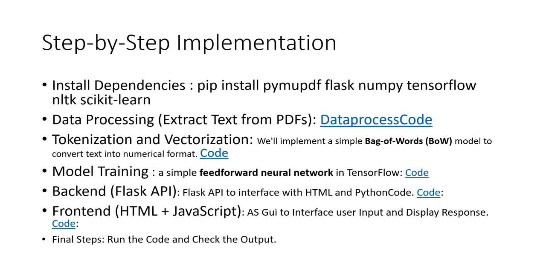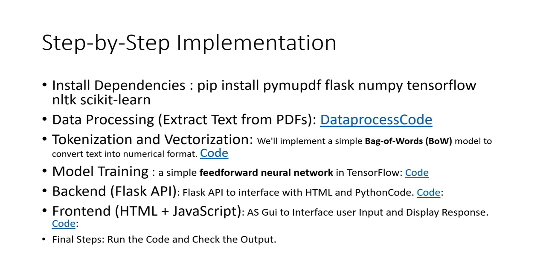These APIs are used as the interface between the HTML code and the Python code. You can send a query from the HTML, and it will transfer the information to the Python code. The Python code will run against the model, and the model will return a response, which will be displayed again in the HTML.